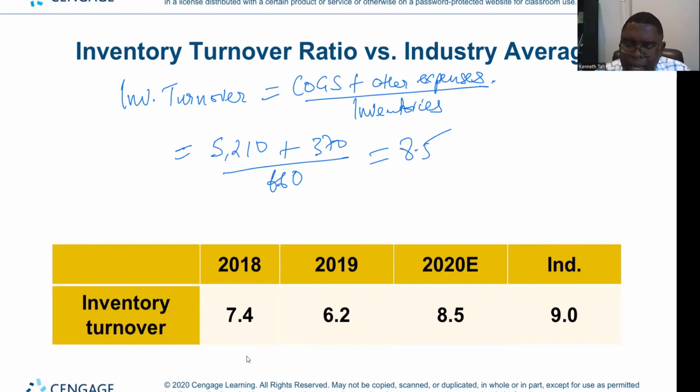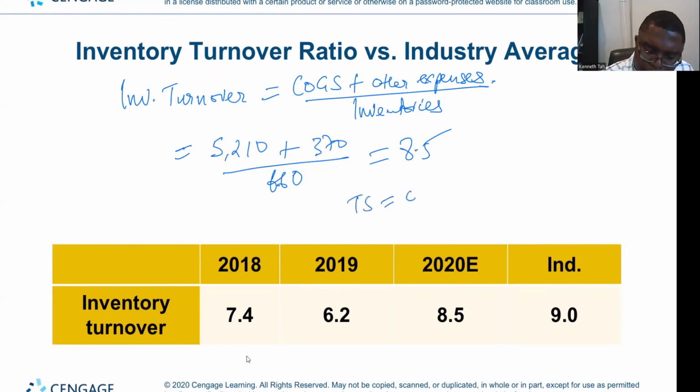So we want a high inventory turnover, which means that inventories are going out fast. They are quickly converted into sales. The higher, the better. As far as time series is concerned, the company has improved from 6.2 to 8.5. So over time, the company seems to be doing okay.